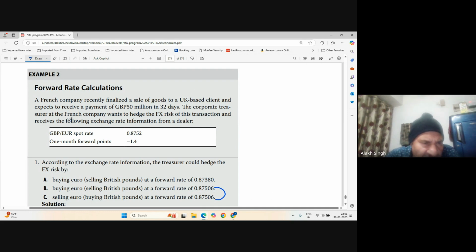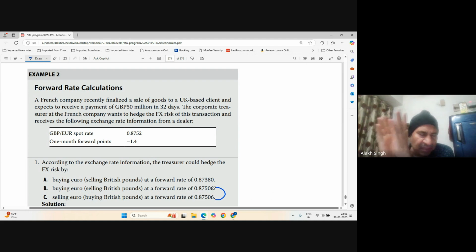The corporate treasurer at the French company wants to hedge, so he will buy euro forward at a forward rate of 0.8750. He will buy forward because he wants to hedge. So on that day, he will get this price. So B should be the correct answer. Now, is this clear to you?